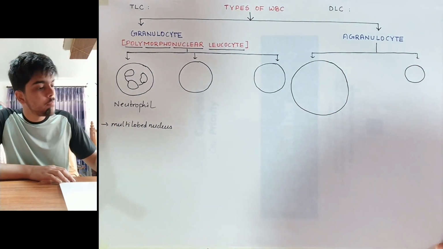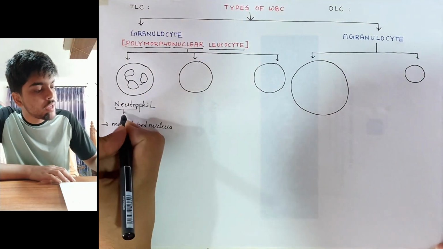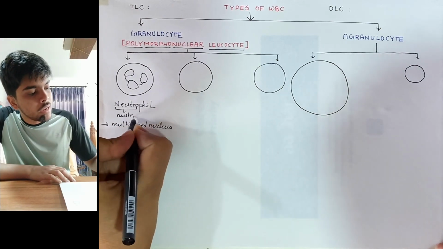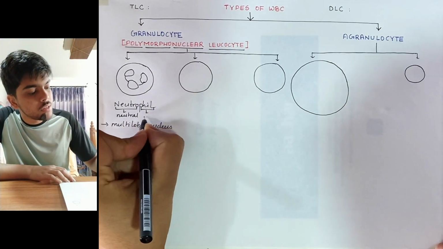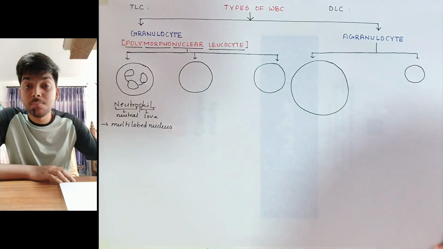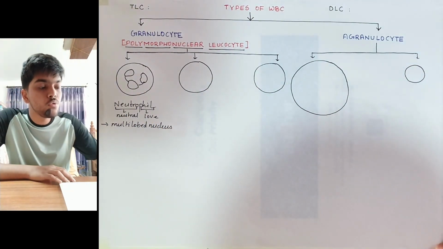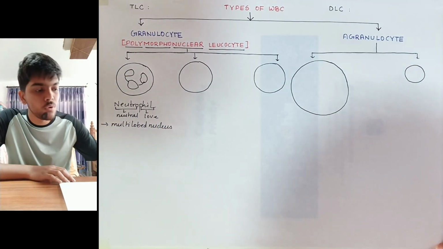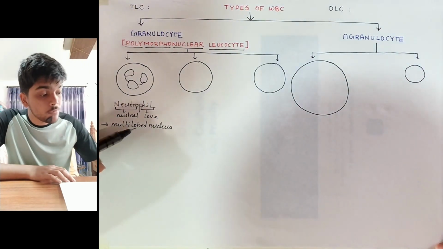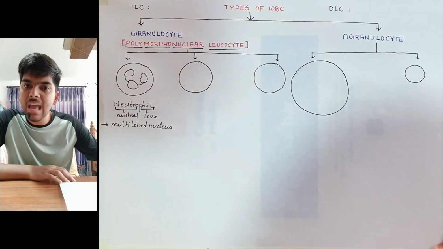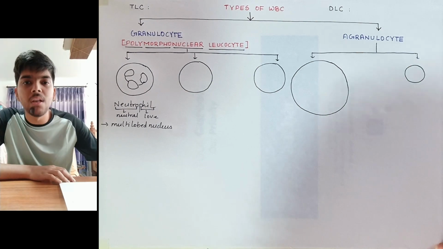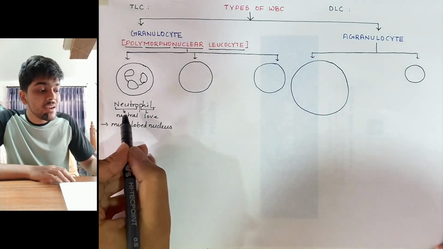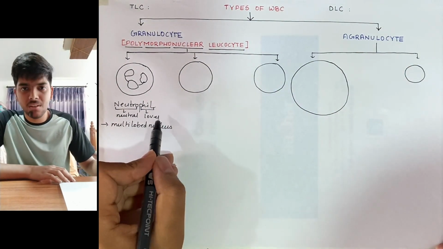Neutrophil, break the word. Neutro means neutral and phil means love. What does this mean? This means that neutrophils are those granulocytes that love both acidic and basic dyes equally. That its love is impartial.